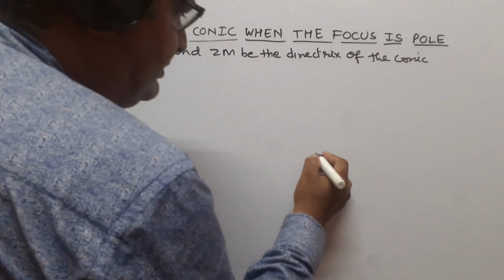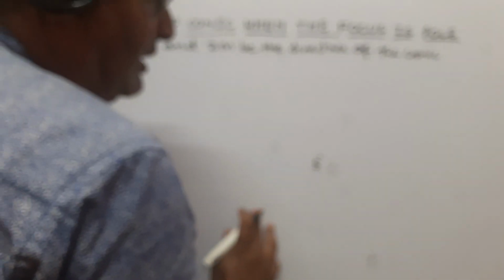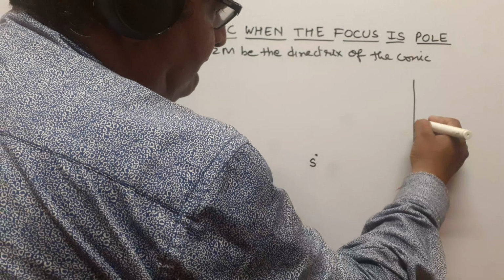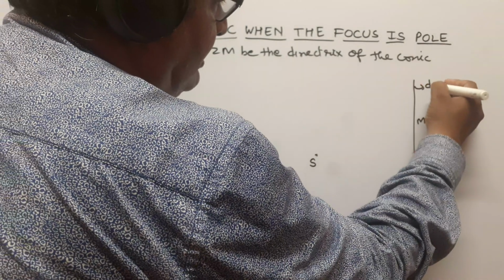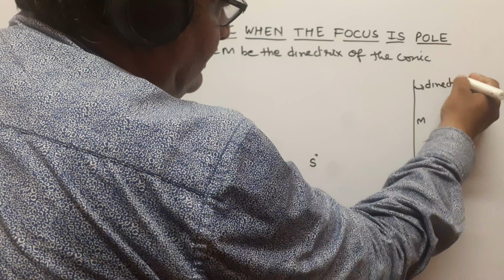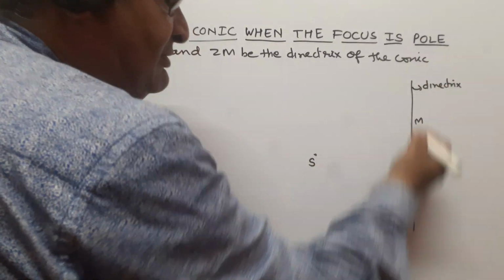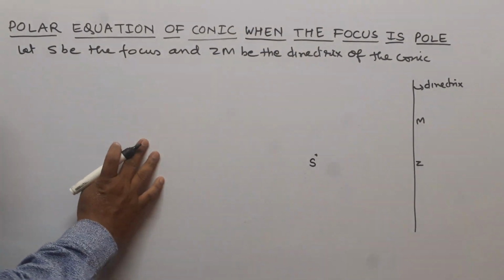You can see here this point S is the focus and ZM is the directrix of the conic.